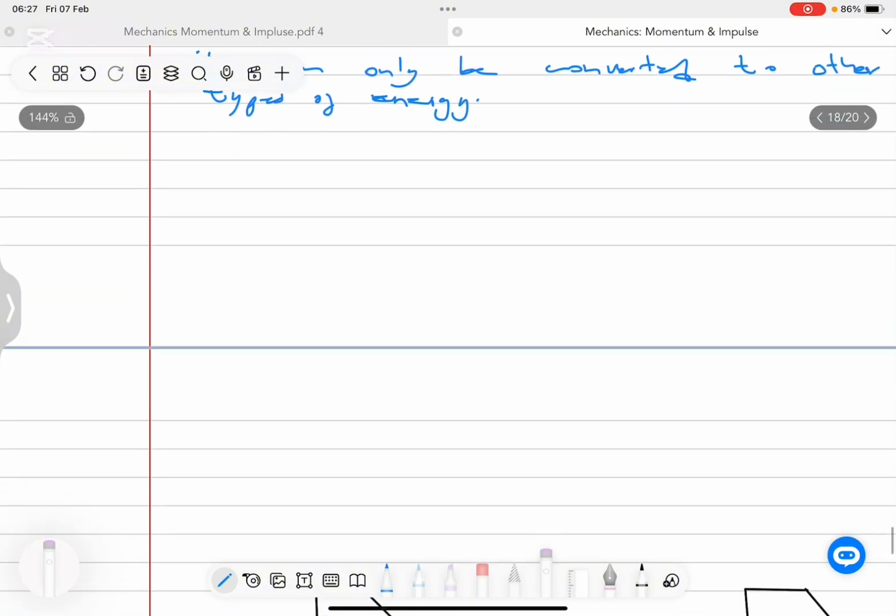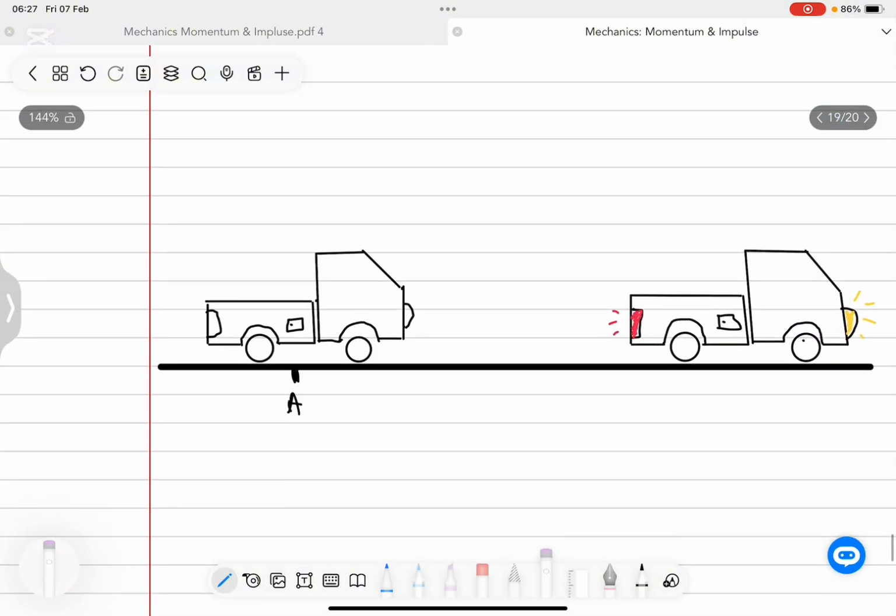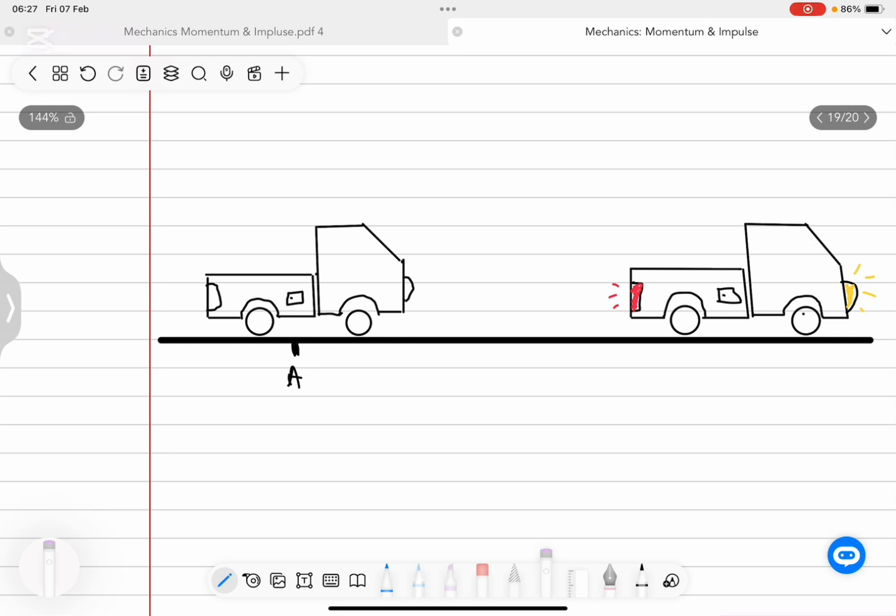Now, to explain this, I will use a diagram where I have a truck. This truck starts off here at point A, and then it moves to point B. But for that to happen, there are a couple of things that we have to observe in terms of energy.